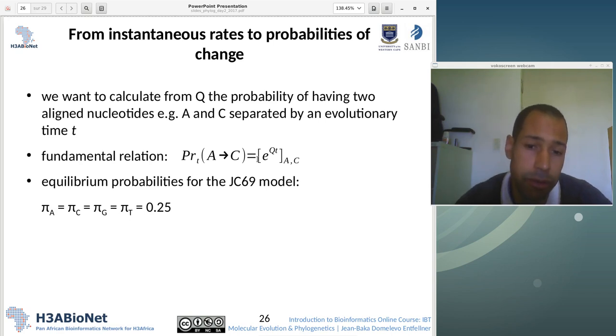So this operation is key to many software like PhyML or RAxML, all the software that perform phylogenetic reconstruction. As I said earlier, the probabilities for the JC69 model are these ones: 1/4 for each of the 4 nucleotides.